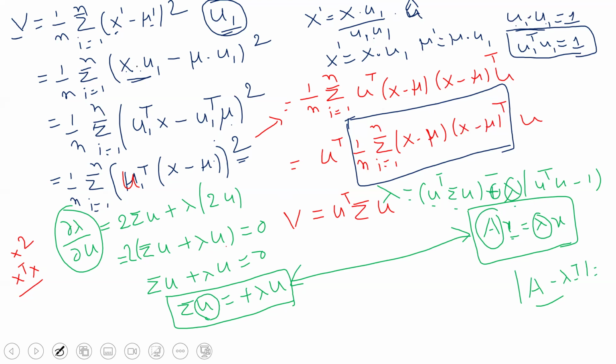When you solve this equation, you get that lambda is the eigenvalue, sigma is the matrix, and u is the eigenvector of that matrix, right? What is u? U is the eigenvector of that matrix. In the same way, in Ax equals lambda x, x is the eigenvector of matrix A, or not?